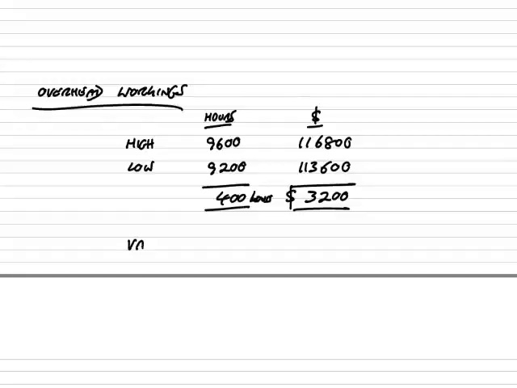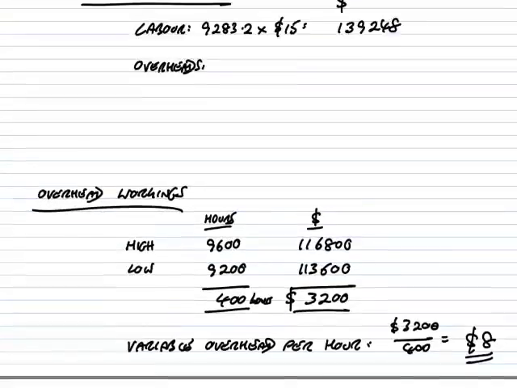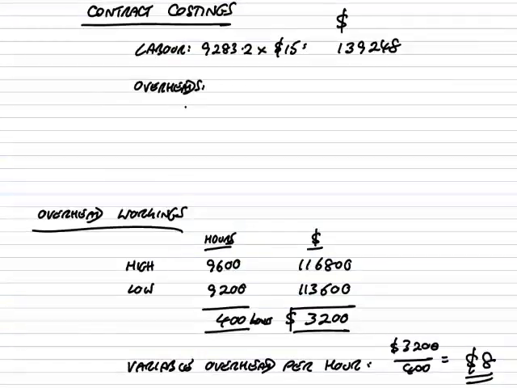And so the variable overhead per hour: $3,200, 400 hours, it's $8. Well, that was easy enough, and I can immediately go back to my costings because we now know the variable overheads.